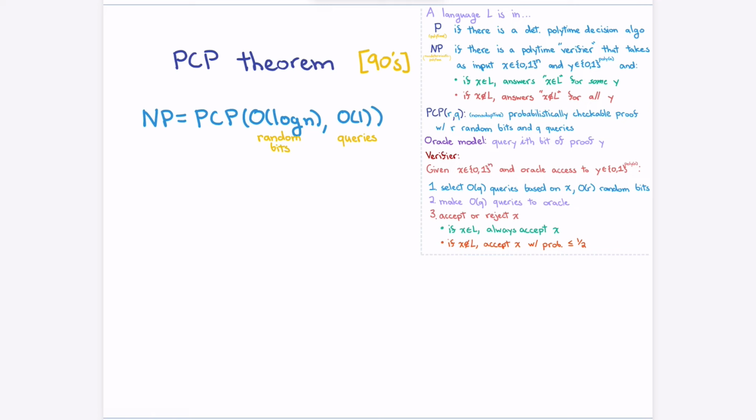The big theorem says that for any NP problem, you can come up with some kind of probabilistically checkable proof system where you only need to make a constant number of queries. The log n bits is just to choose the indices for your queries. So you only need to look at a constant number of bits to decide things with constant probability.